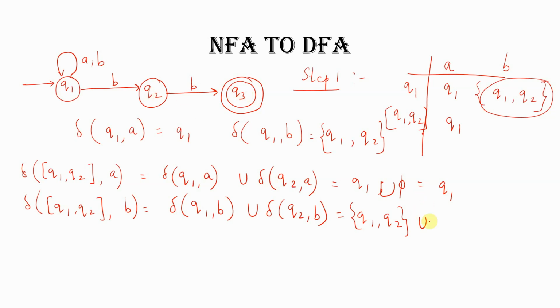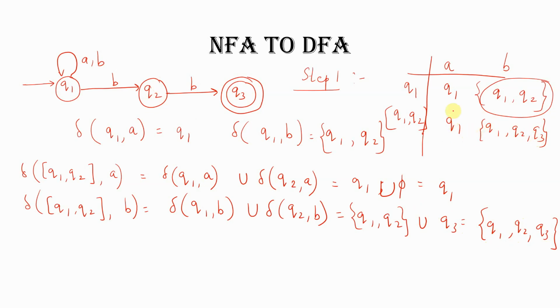Q2 on B gives you Q3. So you obtain the value over here as a union operation, right? So you obtain Q1, Q2, Q3. Once you get this value, you just write it here: Q1, Q2, Q3.